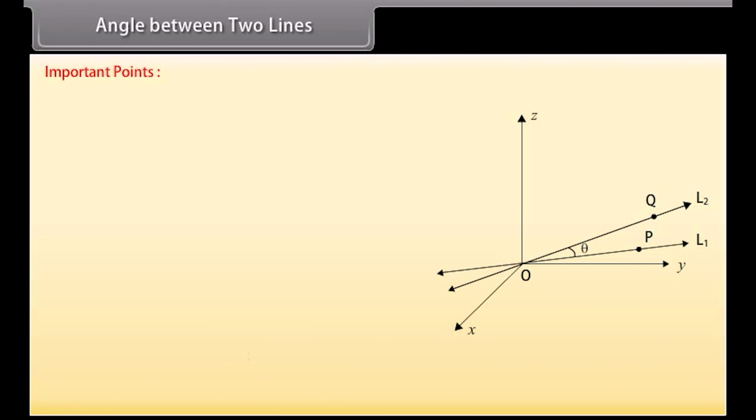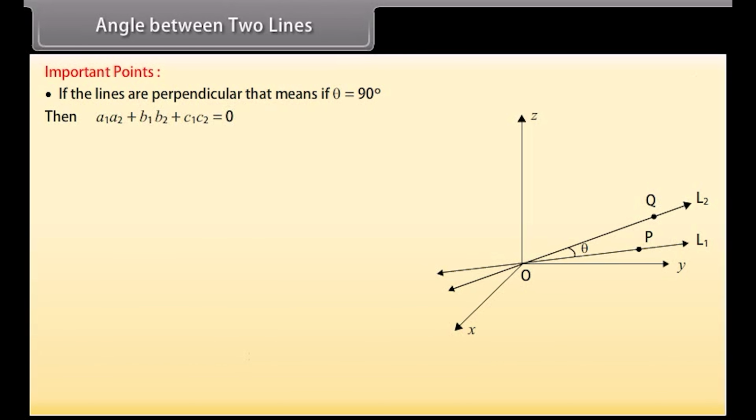Important points. If the lines are perpendicular, that means theta is equal to 90 degrees, then A1 A2 plus B1 B2 plus C1 C2 equals 0. If the lines are parallel, that means theta is equal to 0 degrees, then A1 by A2 equals B1 by B2 equals C1 by C2.